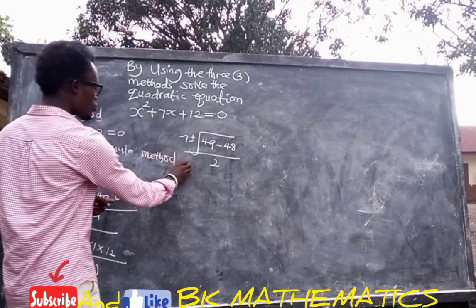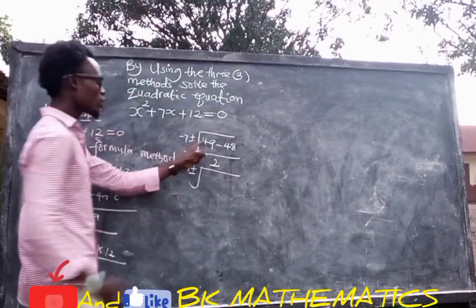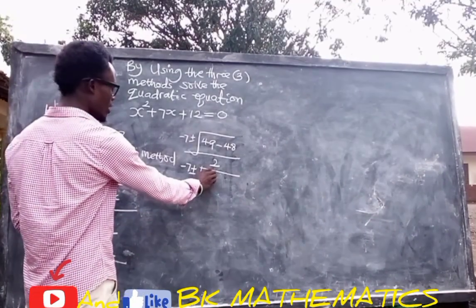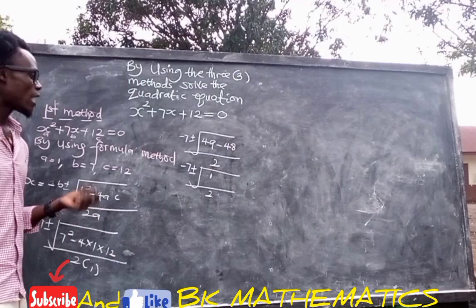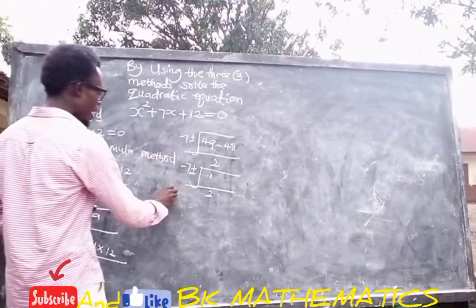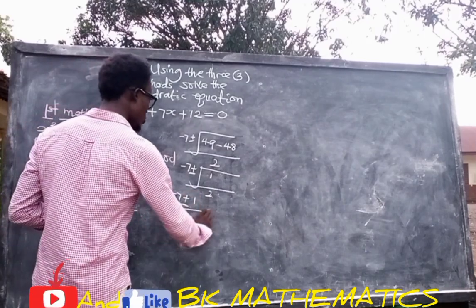Then we say minus 7 plus or minus the square root of 49 minus 48, which is 1, divided by 2. But we know the square root of 1 is 1. Then we say minus 7 plus or minus 1, divided by 2.